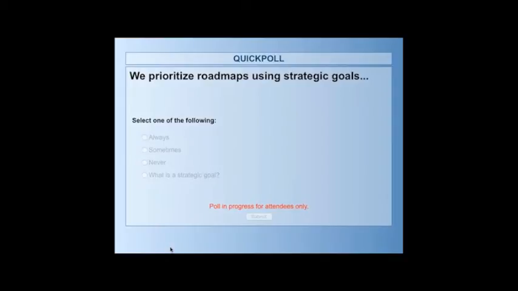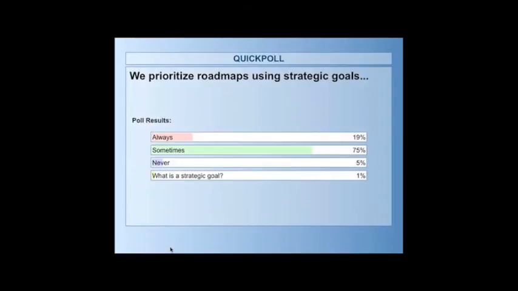Do you have a consistent process for setting short-term strategic goals for your product line, and then using those goals to prioritize what you put for the long-term product roadmap? So let's take a second here and answer that question. Okay, great. So sometimes is the more common, and that's actually what I would have expected.